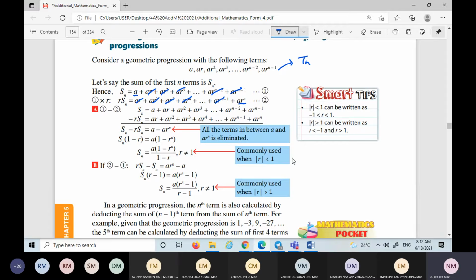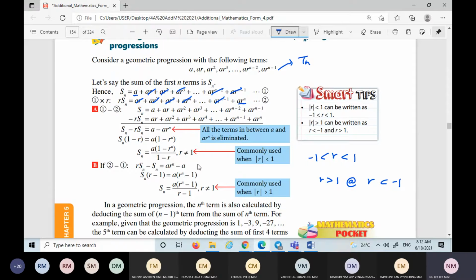It means your r is in between -1 to 1. If modulus of r is bigger than 1, it means r is bigger than 1 or r is smaller than -1. Then you use this so that you will have a positive value, so the denominator will have a positive value.